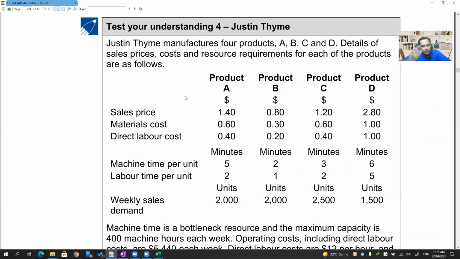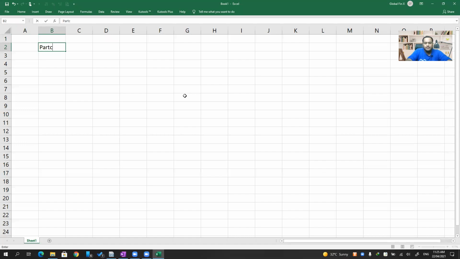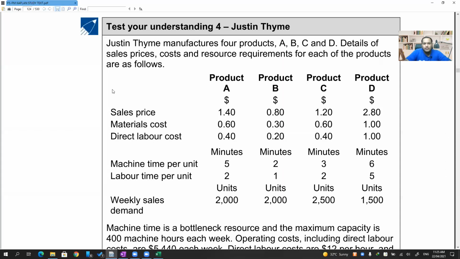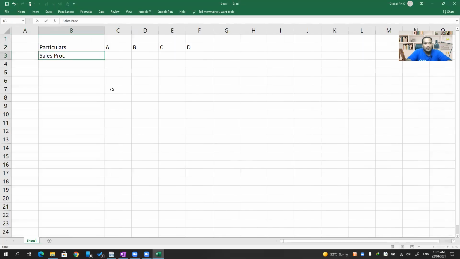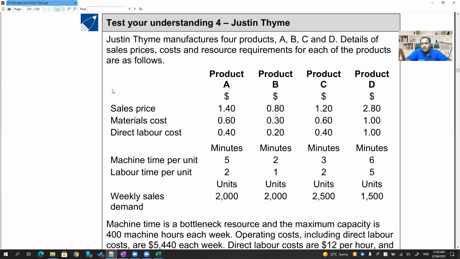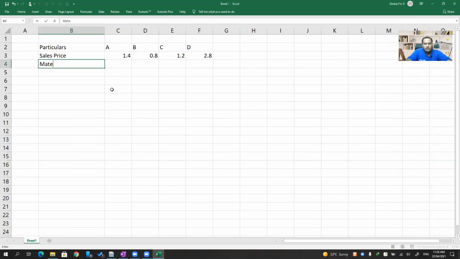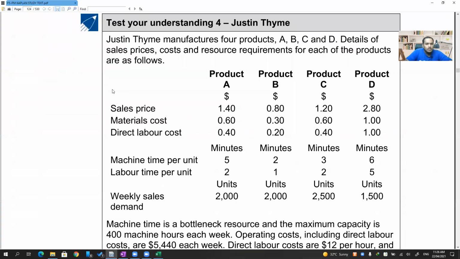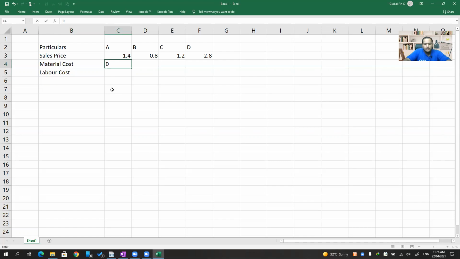Okay. So we are having 4 products A, B, C, D. So there are 4 products in our particular factory. Cool. Sales price is 1.4, 0.8, 1.2, and 2.8. Okay. Then we have material cost and labor cost. Okay. 0.6, 0.4.